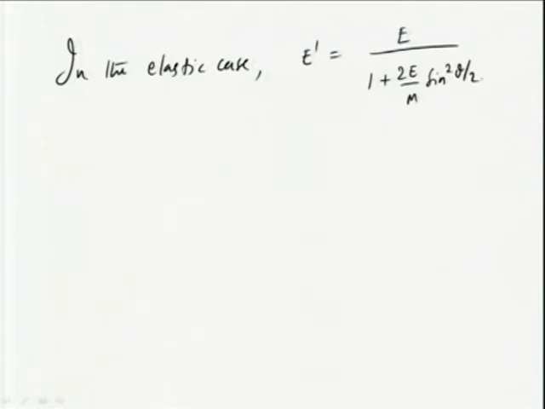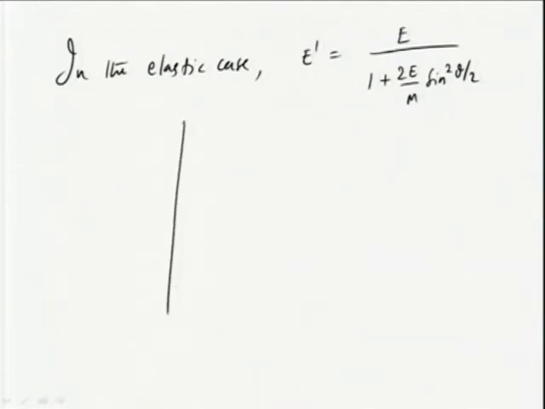In fact, we did not say this explicitly, but rather we used 1 over 1 plus 2E over m sin square theta by 2. That is because the correction factor is E prime by E, where E is the initial electron beam energy and E prime is the final electron energy.